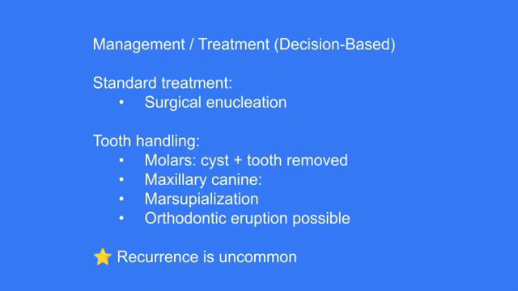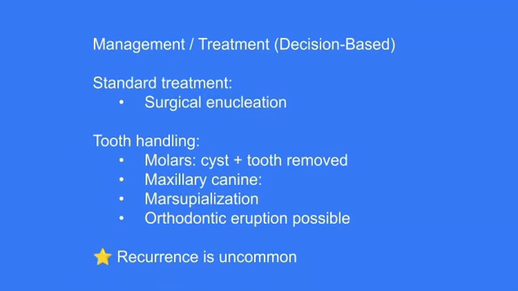Now, coming to the management or treatment of dentigerous cyst: surgical enucleation is the standard. Molar teeth are usually extracted with the cyst. Maxillary cuspid cysts may be marsupialized, with the tooth guided with orthodontics. Recurrence is rare.